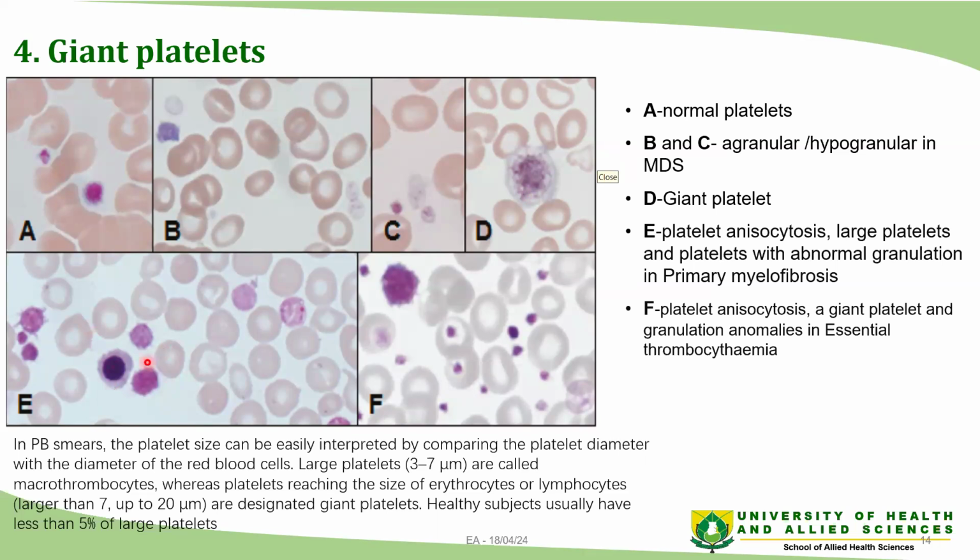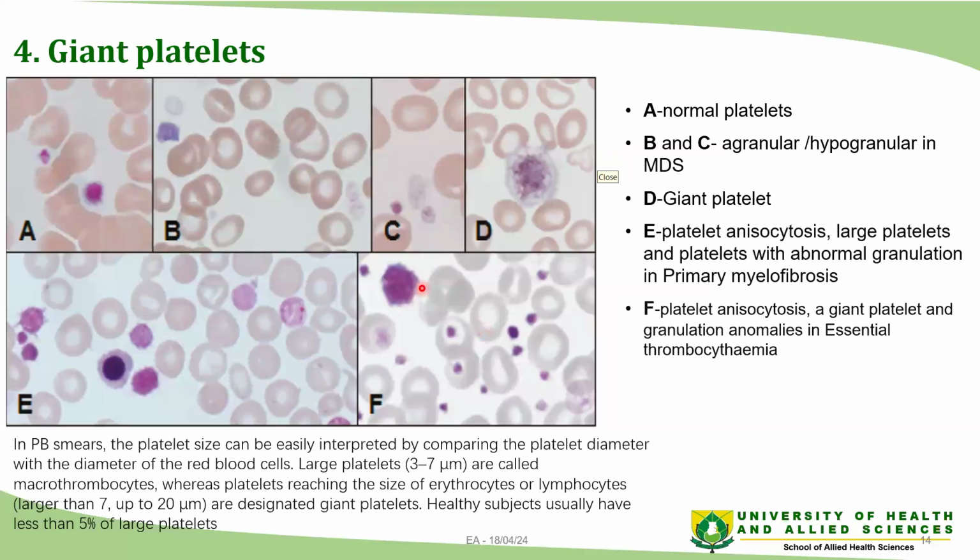So this is in a patient having a condition called primary myelofibrosis. And then in the last one too, we also have anisocytosis of platelets, as in varying sizes of platelets. But here we have a giant platelet.